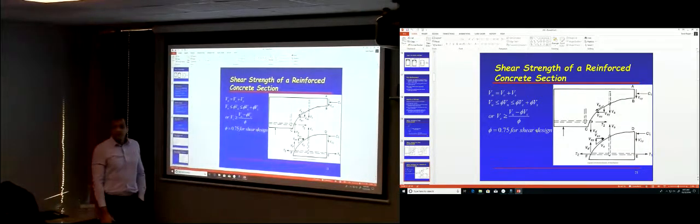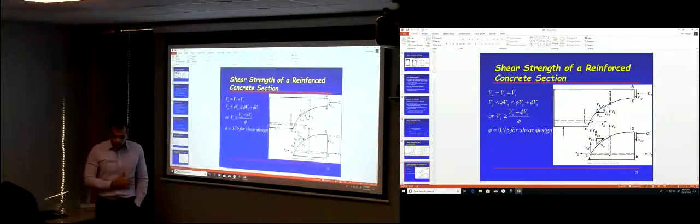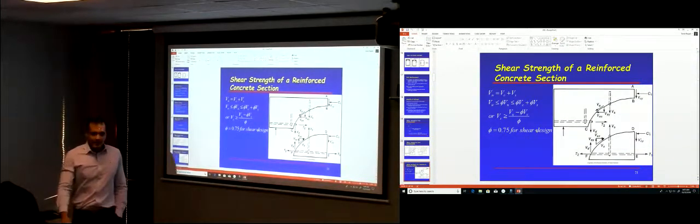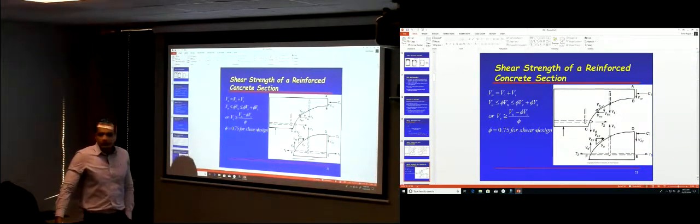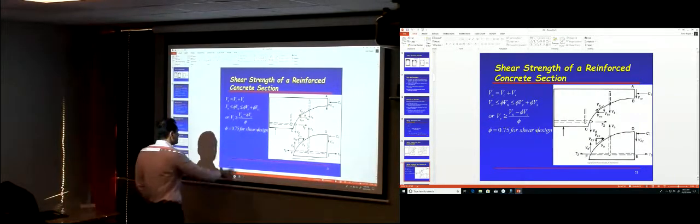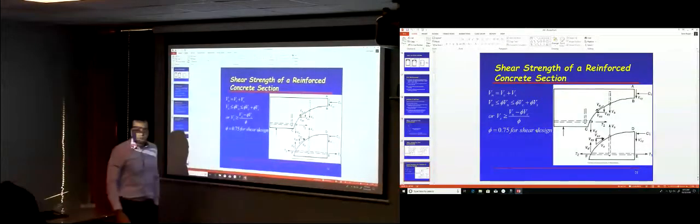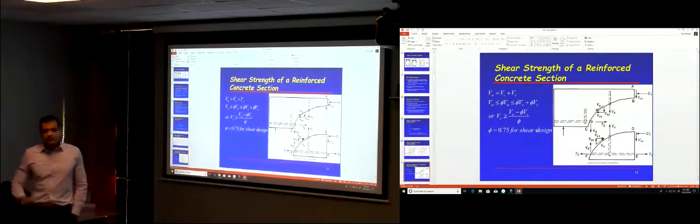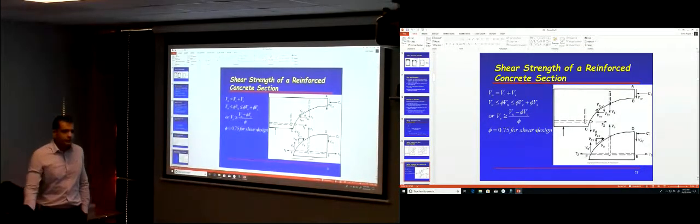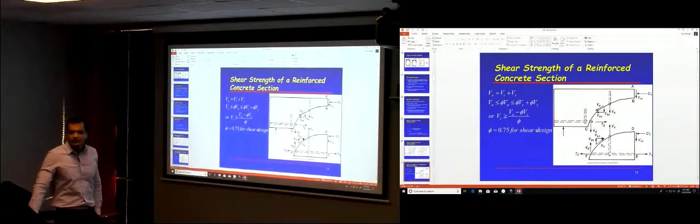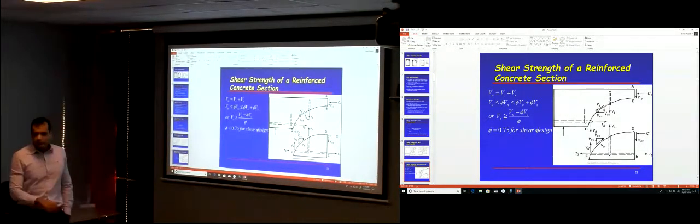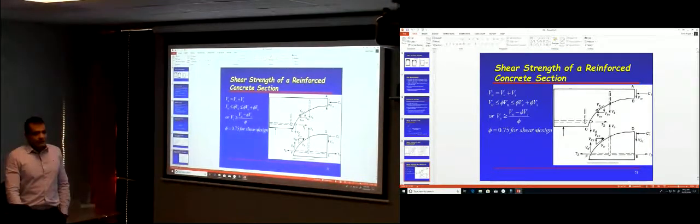How much is phi? It's not the value that you used for bending. Phi for bending is different from phi for shear. For shear, it's just 0.75. It's not 0.9 or that equation that we used, 0.65 plus 0.25 multiplied by the strain minus 0.002. No, that is only for bending or axial stresses.